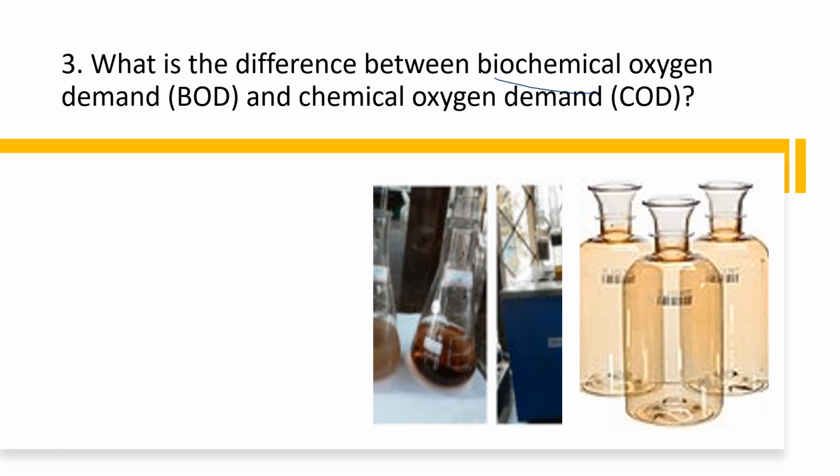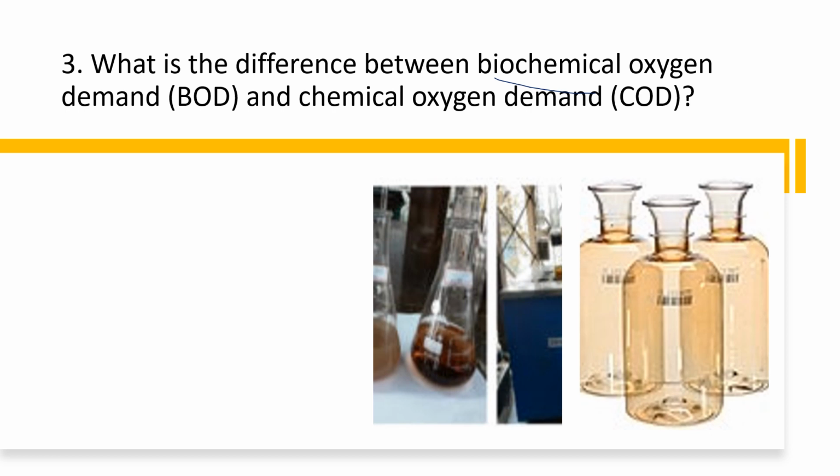Now, how does it differ from COD? Well, COD gives us the measure of oxygen required for both biodegradable as well as non-biodegradable organic matter through the process of chemical oxidation. In the process of COD, we use a strong oxidizing agent.